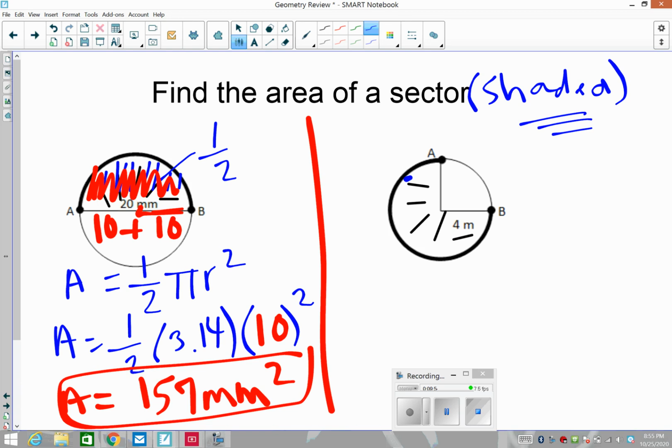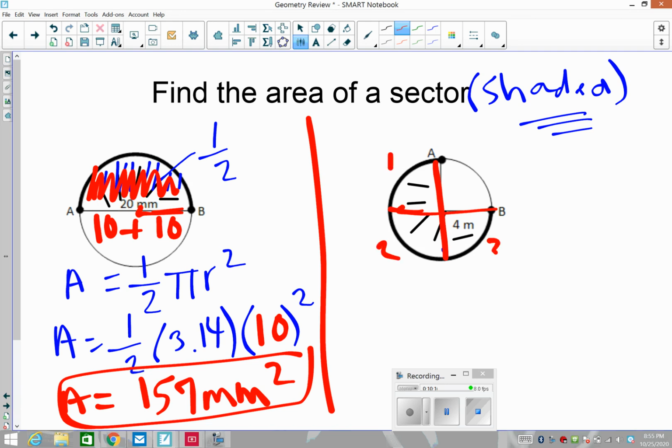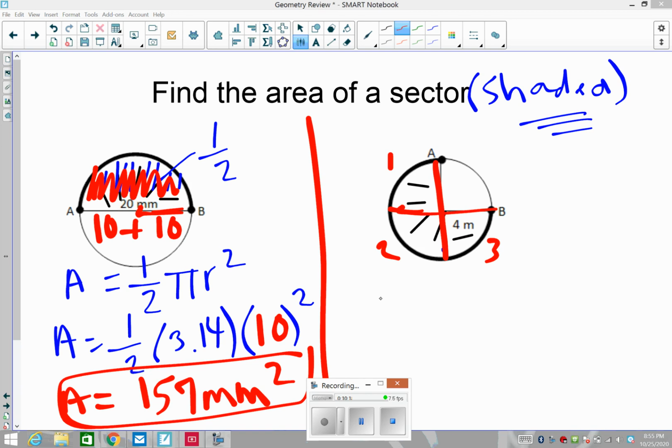All right, keep going. So this is 3/4 of the circle, that's not going to work when I do that. But if I break this into 4 pieces, you might be able to see it a little better. We're representing 1, 2, 3/4 of the circle for this shaded region. So area is measured by 3/4 pi r squared.